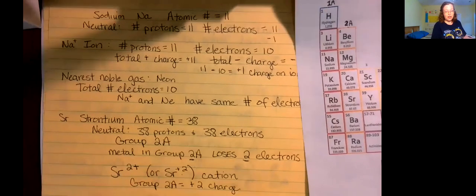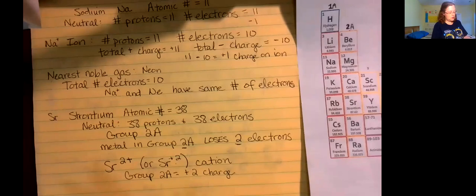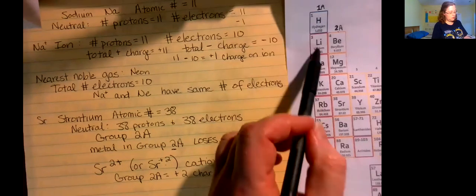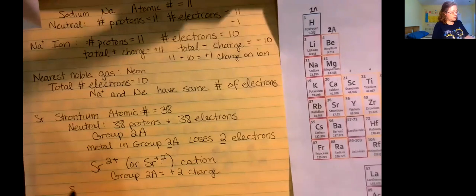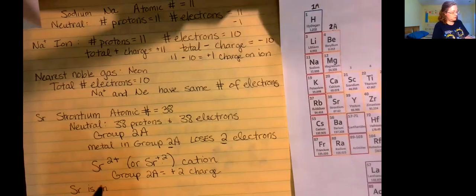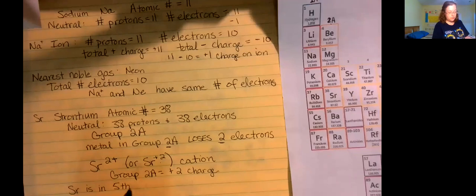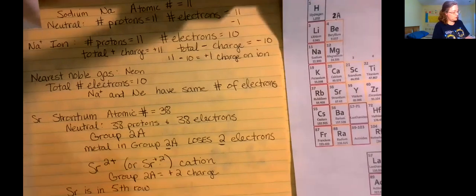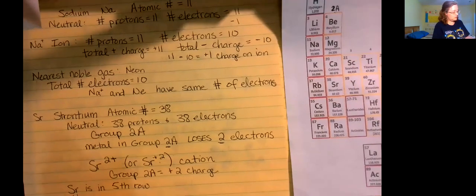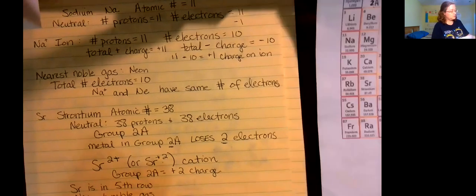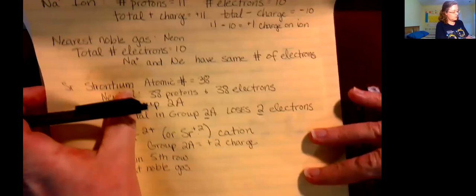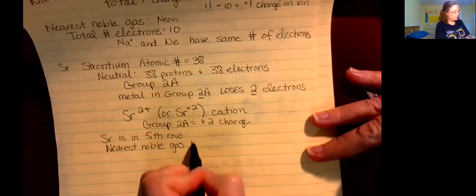Who's its nearest noble gas? Strontium is in 1, 2, 3, 4, 5. Strontium is in the 5th row. The nearest noble gas will be in the 4th row.